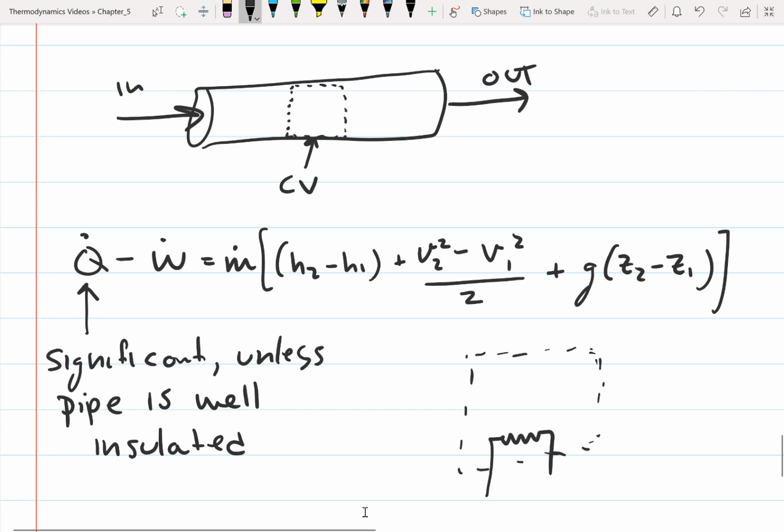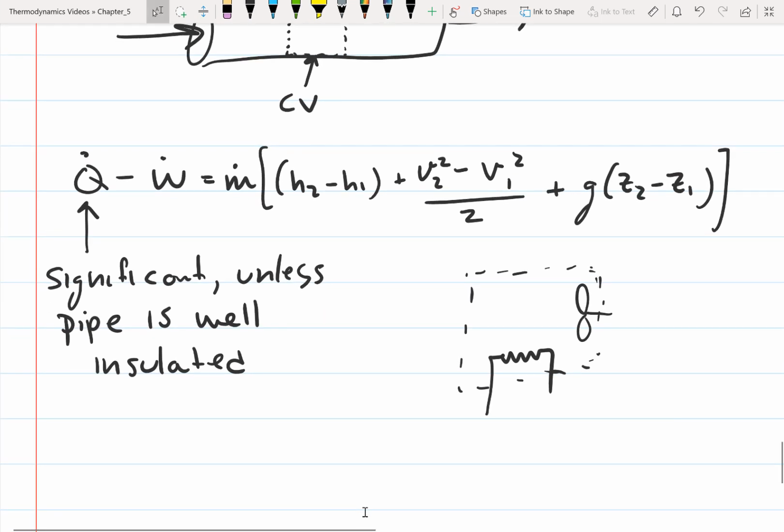Or if we have a fan, like let's say we have a fan that's moving the fluid in the pipe, we would have work from that fan. Although often with the fan it's small enough that you can neglect it, but if you do have a fan, it's something that you might want to consider.